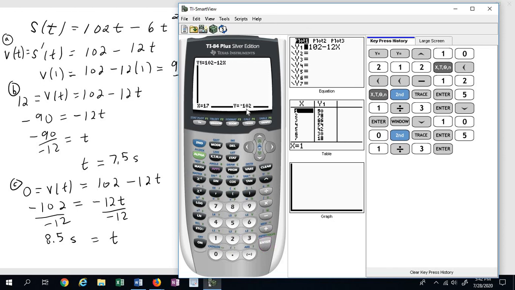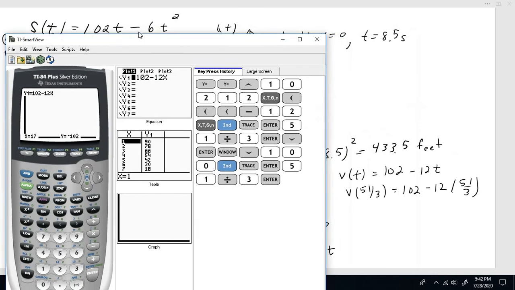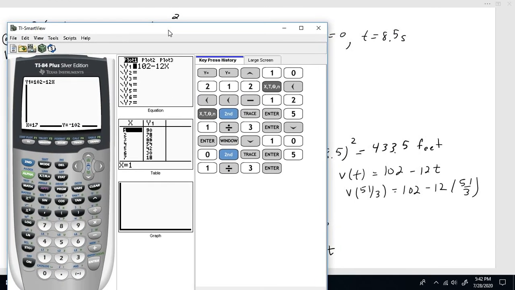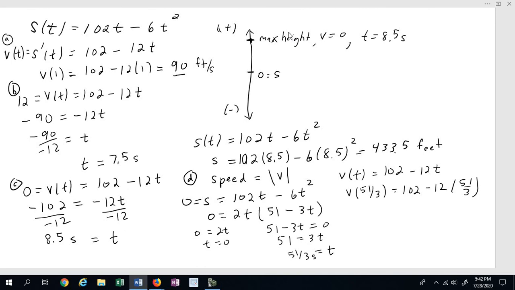So you can see you get negative 102. That is the velocity function evaluated at 51 over 3, and that's in feet per second.